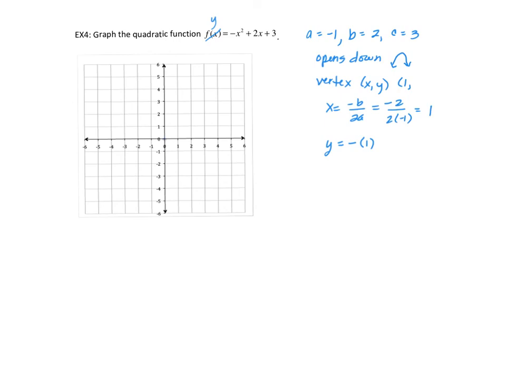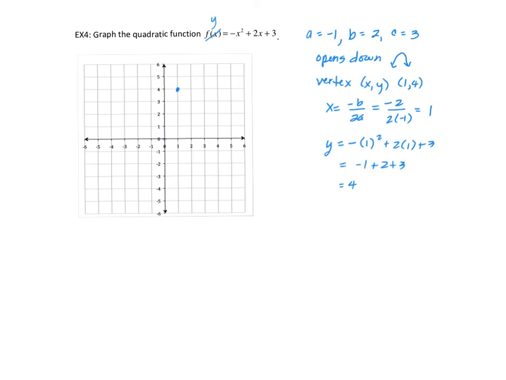So it stays outside of your x value squared plus 2 times 1 plus 3. It's still going to be negative 1 plus 2 plus 3. So 5 minus 1, that should be a positive 4. So just be careful when you're plugging values in to the x squared term. The vertex is 1 comma 4. And I know this is going to go down from that vertex.